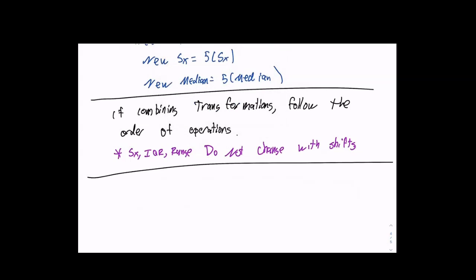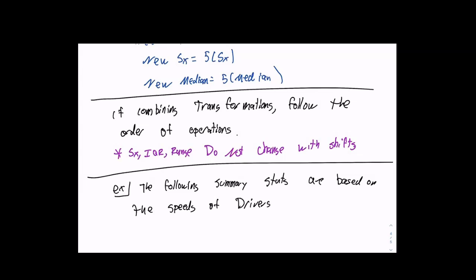Let's end with an example. Okay? The following summary stats are based on the speeds of drivers who received speeding tickets in a 60 mile per hour zone.